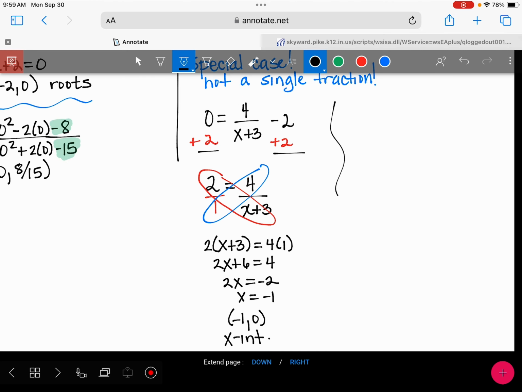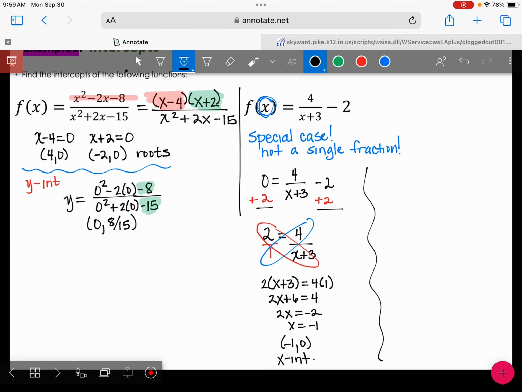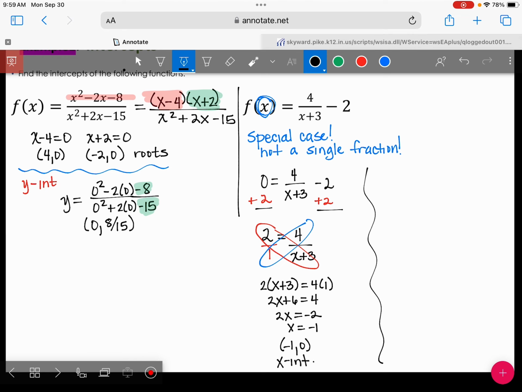For our y-intercept, we simply substitute in a 0 for x. So we have y equals 4 divided by 0 plus 3, minus 2.